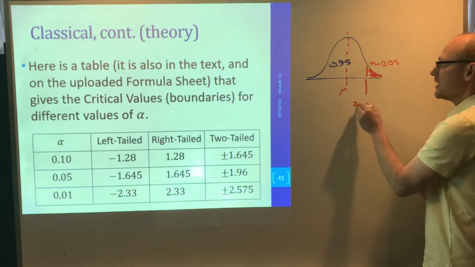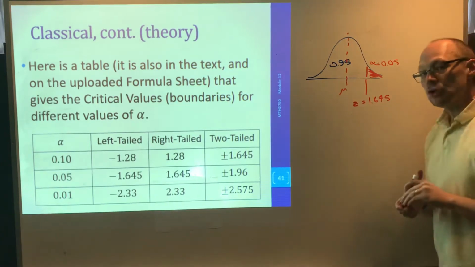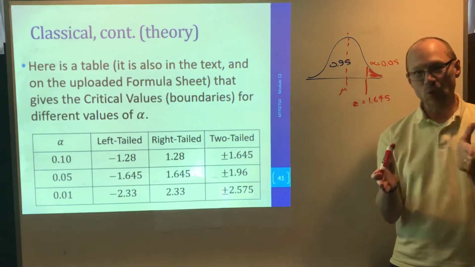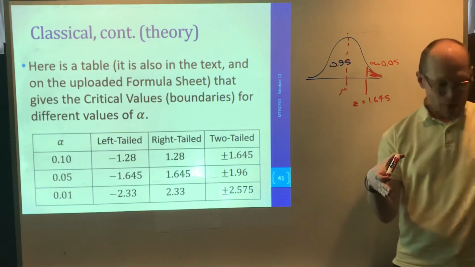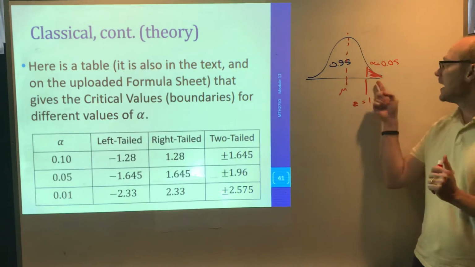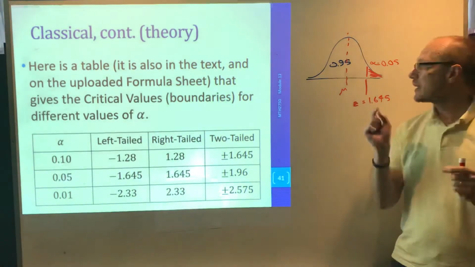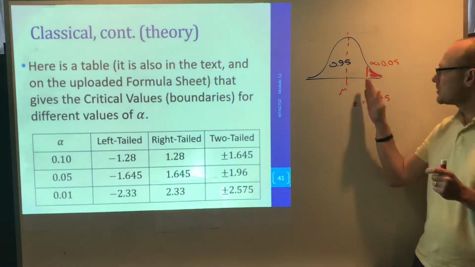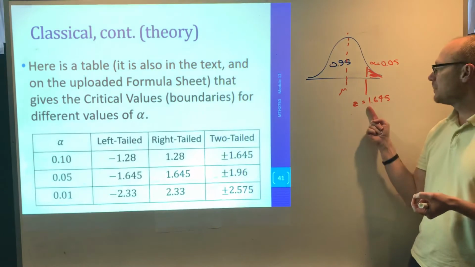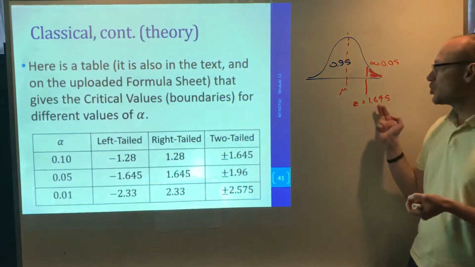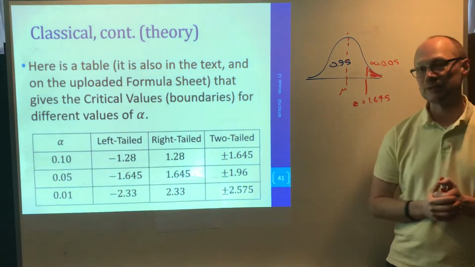This value right here is a z-score of 1.645. If you are 1.645 standard deviations above the mean, then you have cut off an area equal to 5%, 0.05. So if we're looking for a z-score that's going to be unusual, we just have to compare that z-score to this critical value, a boundary, a critical value of 1.645.